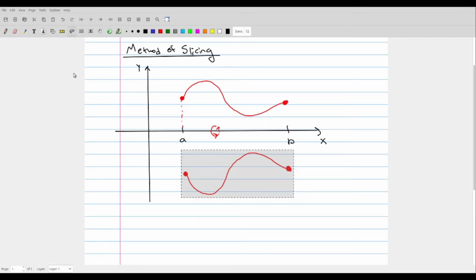We'll sort of get a picture that looks somewhat like this. So it's a three-dimensional shape.